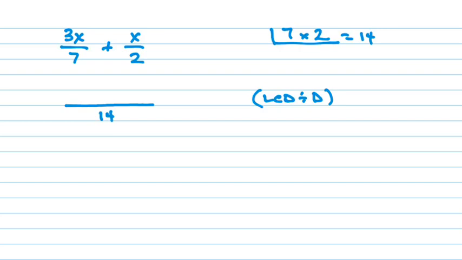First. Excellent. Then I'm going to multiply that result times my what? Numerator. So what is my LCD in this case? 14. What is my first denominator here? 7. What is 14 divided by 7 going to make? 2. And what do I do with that 2? Multiply it times my numerator.